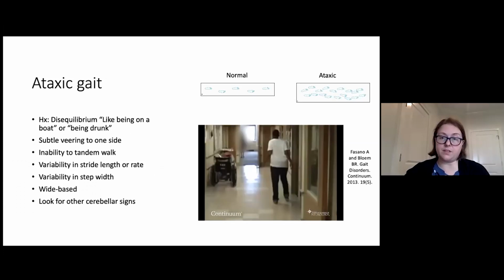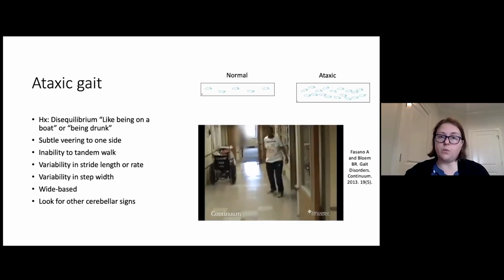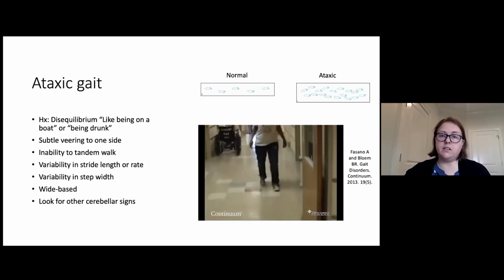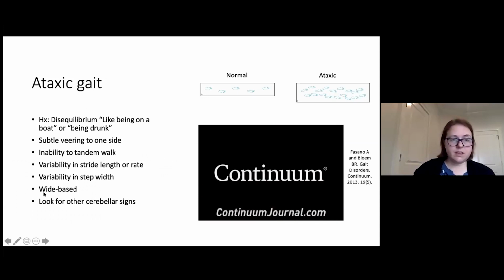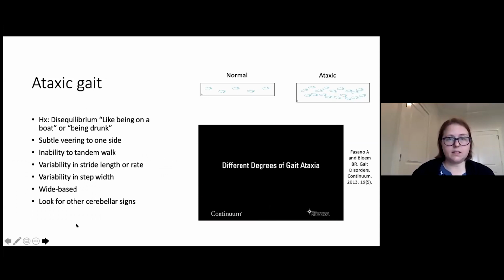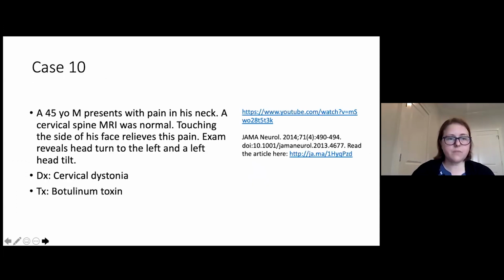Again, arms out for support. She has to actually grab the wall in order to turn. So that gives you a sense of what an ataxic gait looks like. And again, I would just focus on recognizing that motion and then referring to neurology because the list of differential diagnoses is quite long.